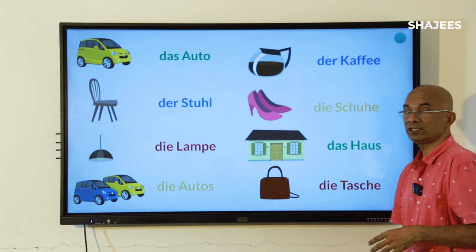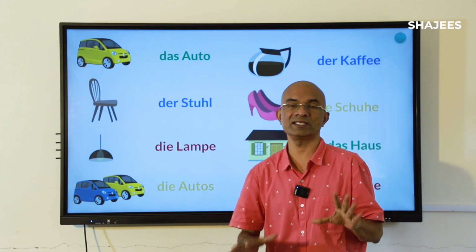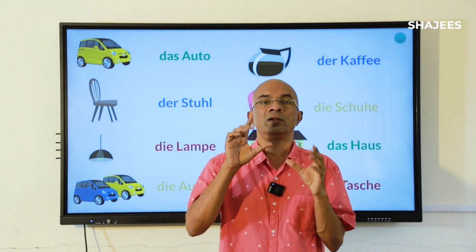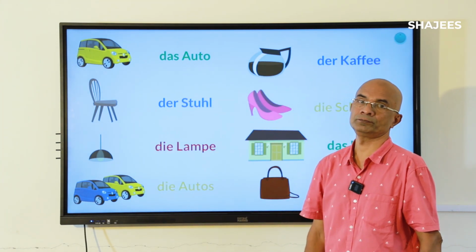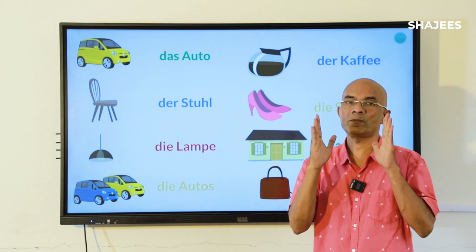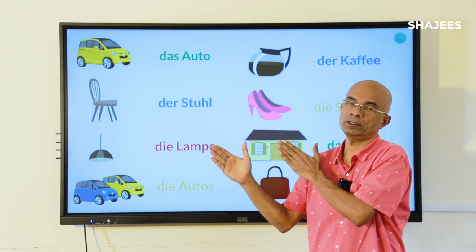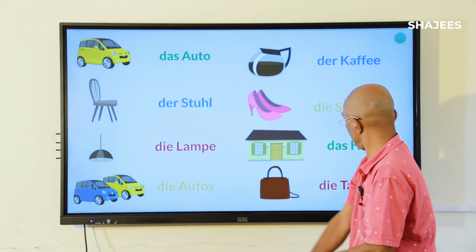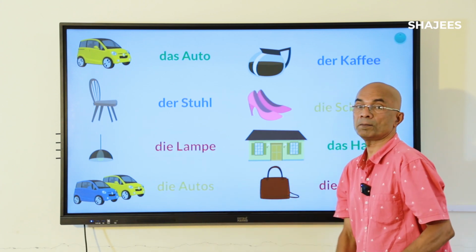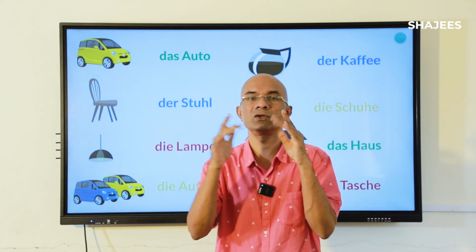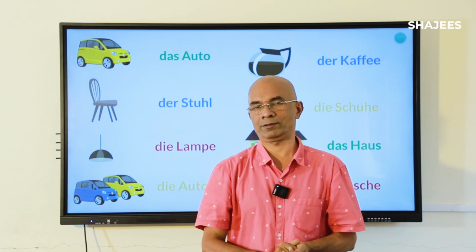This is meine Tasche, that is deine Tasche. If you find das and der, always mein. We find die here, die here. Then meine, deine, seine. We just add e to it.